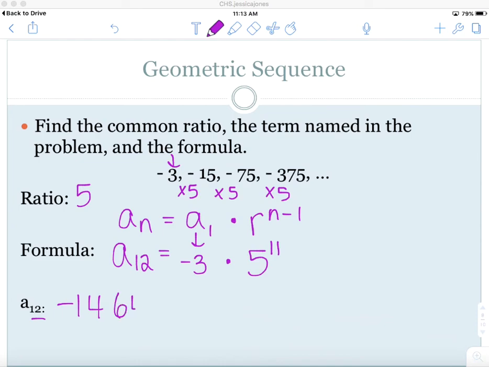But you should get this, which is -146,484,375. Geometric sequences are going to get bigger quicker because you're multiplying instead of adding each time.